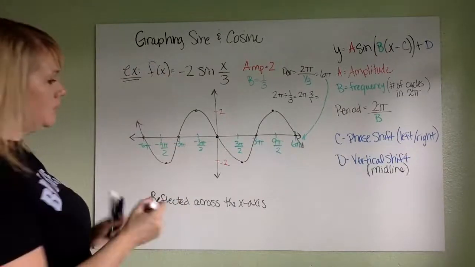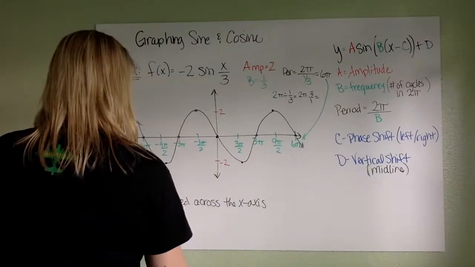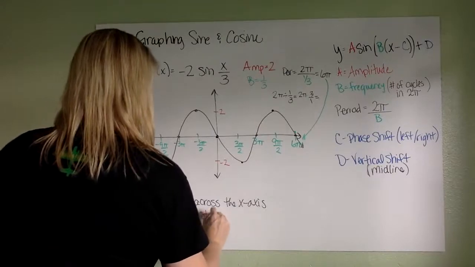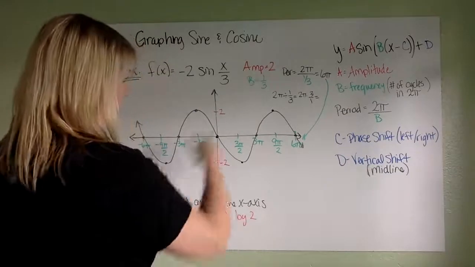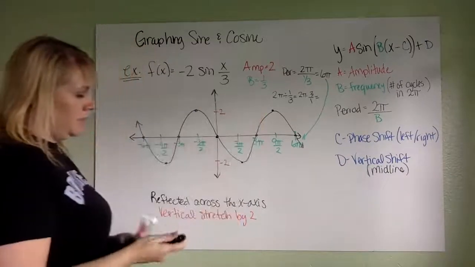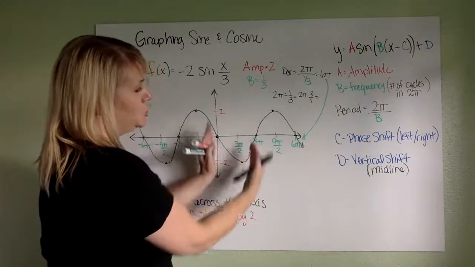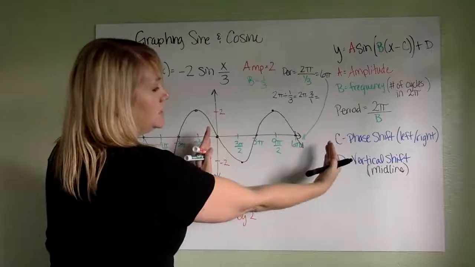If you're describing it in words, the 2 is causing the graph to have a vertical stretch by 2. And for the 1/3, think of it this way: a normal sine function completes its period in 2 pi. This is completing its period in 6 pi.